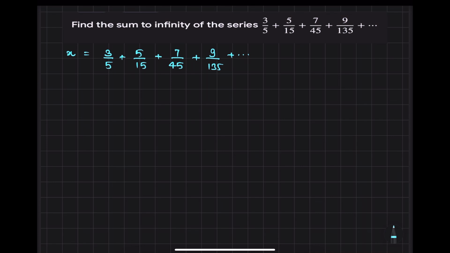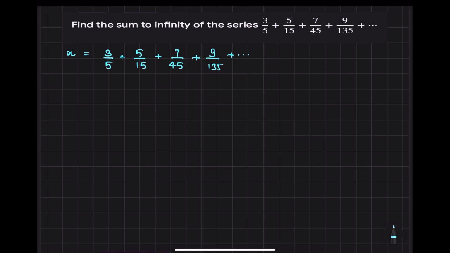So if you observe, this thing is in AP. Okay, and then multiply by 1 by 3, and you will get this series. Okay, so it will become an arithmetic geometric series.